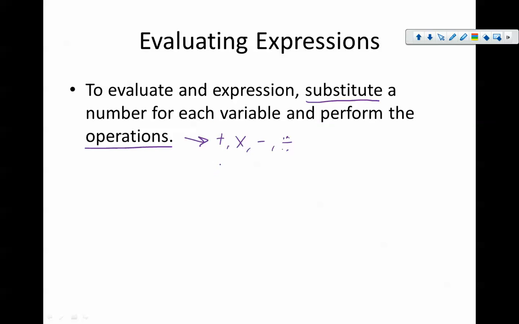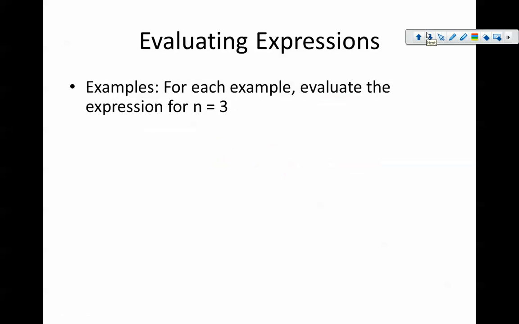It also might mean something like combining like terms, which we will review in future videos, but you should have seen this in a previous math course if you're taking Algebra 1. This is all performing operations, okay?